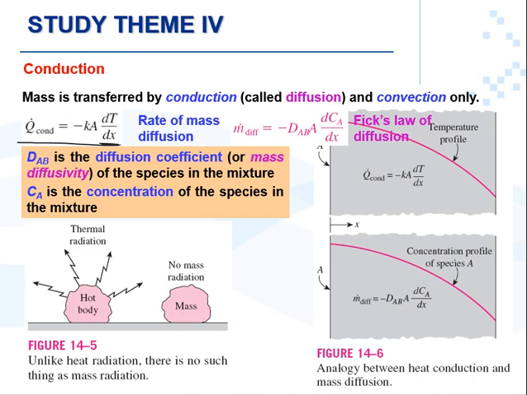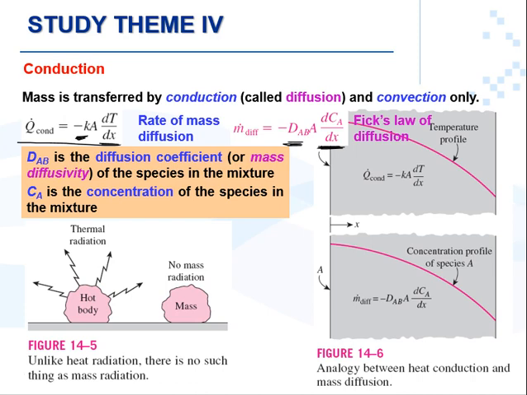The surface area will stay the same. If you remember, we had one constant, which was thermal conductivity. Here we will have another constant, which we call the diffusion coefficient. We call this correlation Fick's law of diffusion, or Fick's law of mass diffusion.